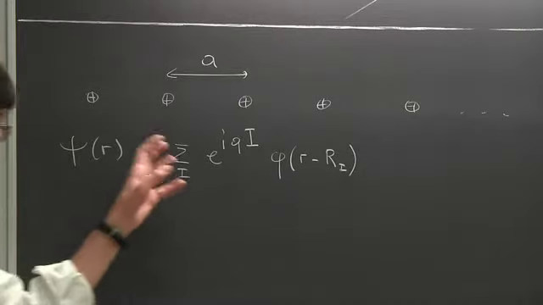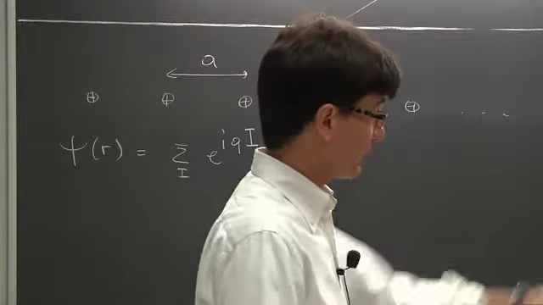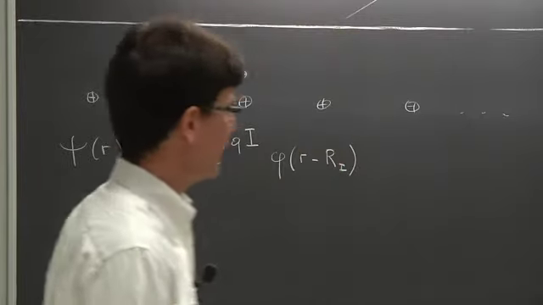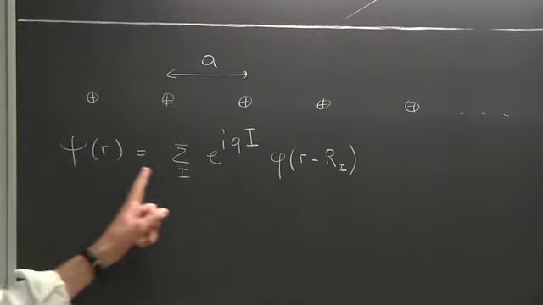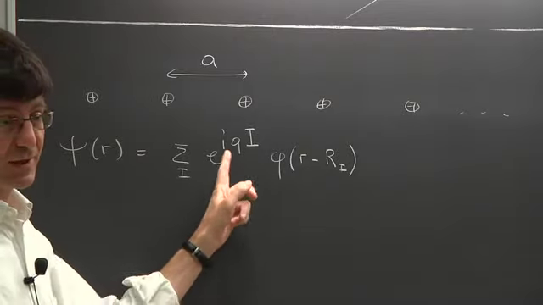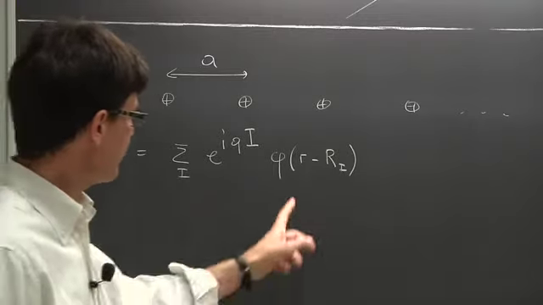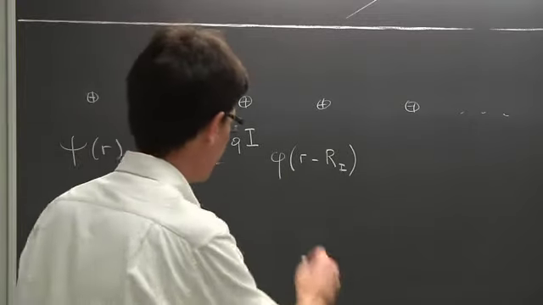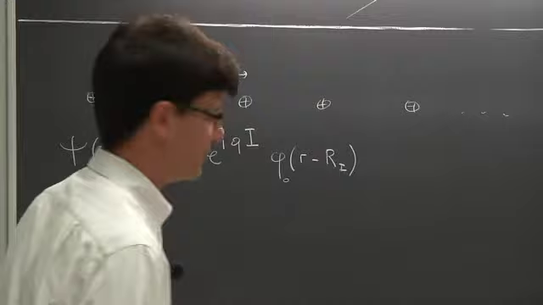I'm just writing explicitly what we wrote at the blackboard last time. That is, the wave function is the sum over some coefficients which we determined to be e to the i q i, times the atomic wave function. I think we call it phi zero. Fine.